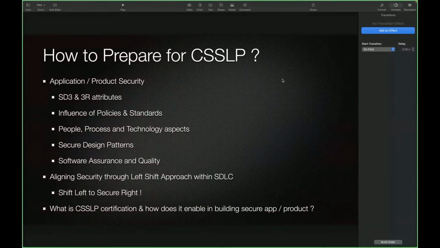So that is where, as a CSSLP, the individual has to have a laser focus on these phases, especially the design and implementation phase, where you look for the flaws and bugs and ensure that none of them exist in the product once it reaches a stage where it is ready for release or deployment, right?